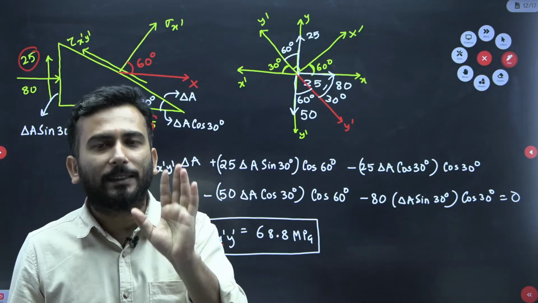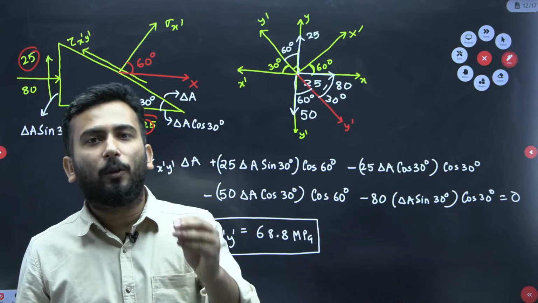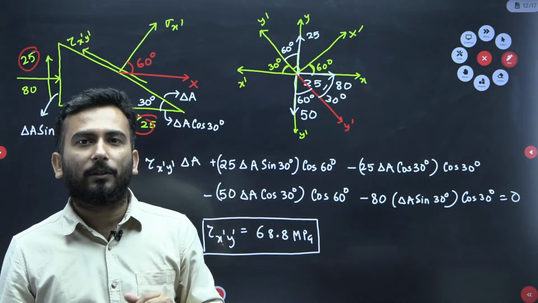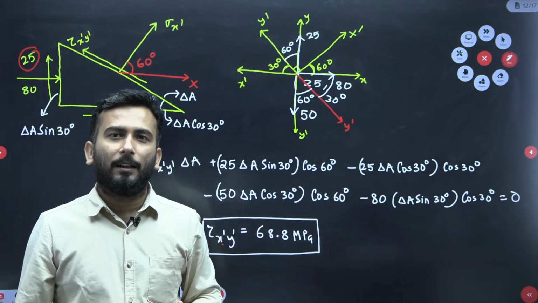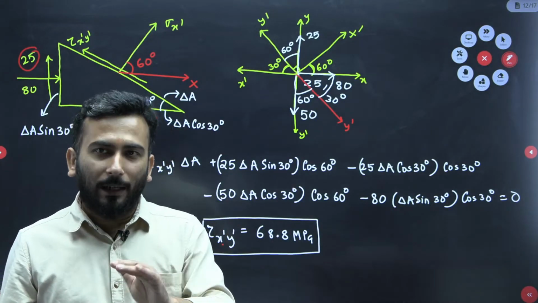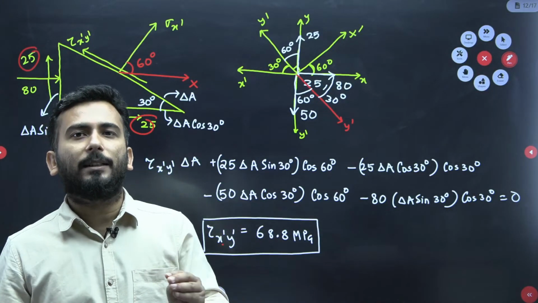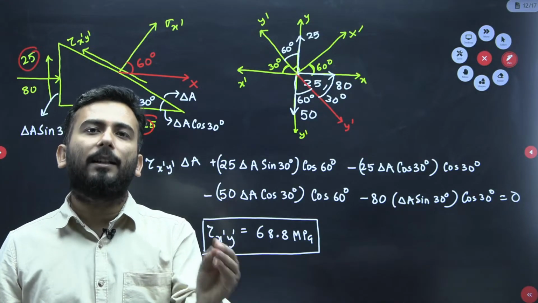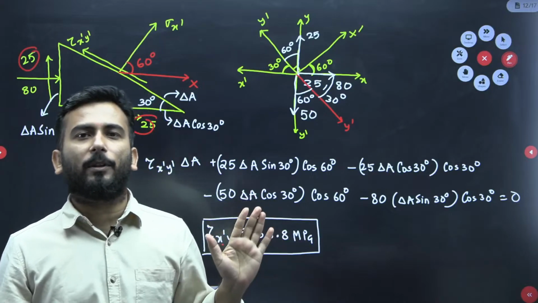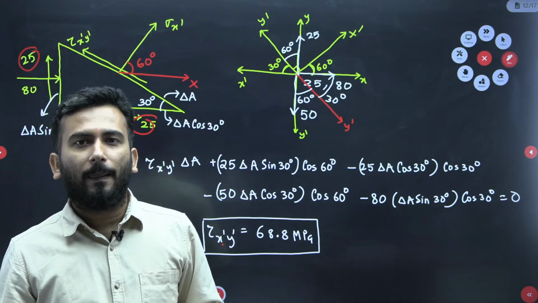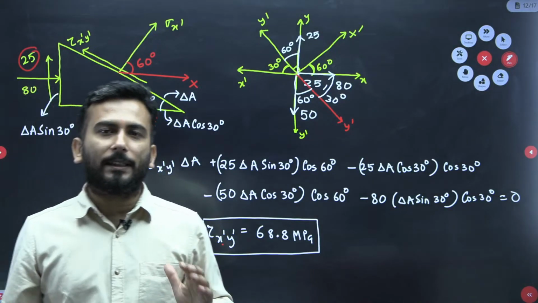So there might be some orientation on which there will be a maximum value of normal stress and a minimum value of normal stress, which is known as principal stress conditions. All those things we will be seeing ultimately in the upcoming classes, but tomorrow we will again continue from here, that is the general stress transformation equations. Till now today we have not used any single equation, we have only used force equilibrium. So here I will be ending the class, and tomorrow let us continue from here.